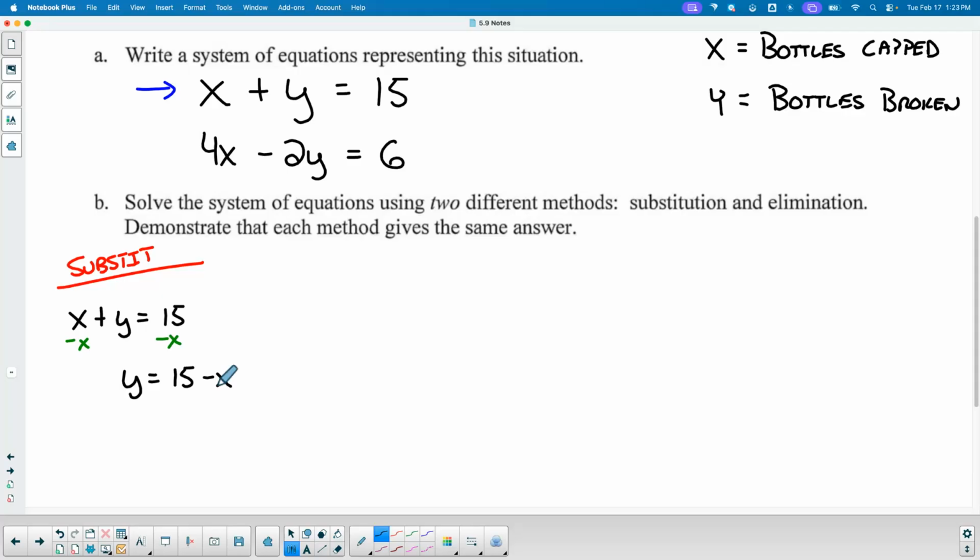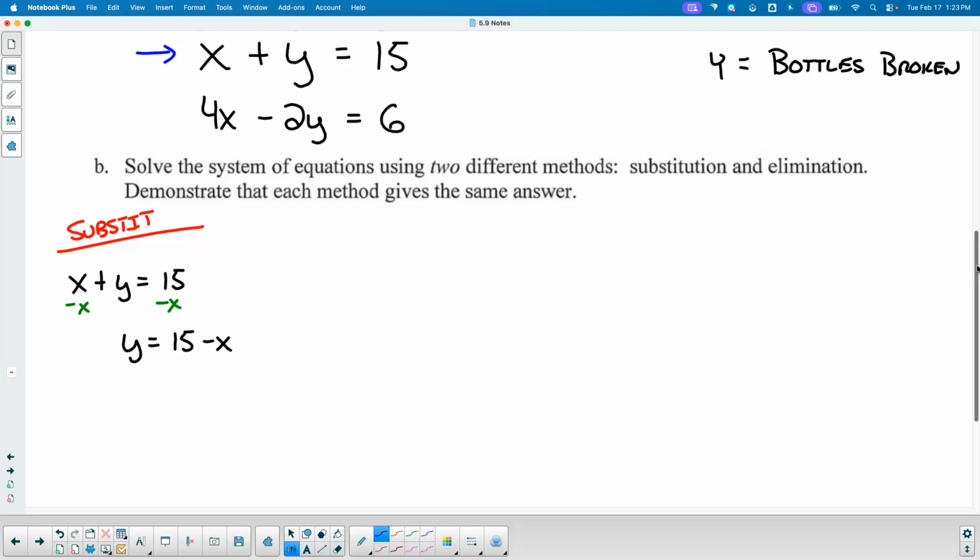Now that I've solved one of the equations for one of the variables, I'm going to take that equation and plug it into the other one. So I've got 4x minus 2, but instead of y, I'm going to write 15 minus x, and that's going to equal 6. Distribute and distribute.